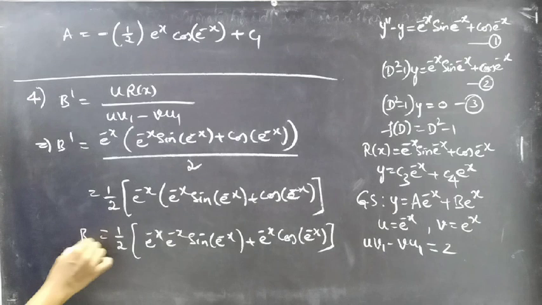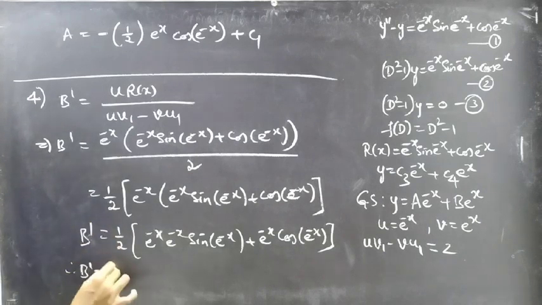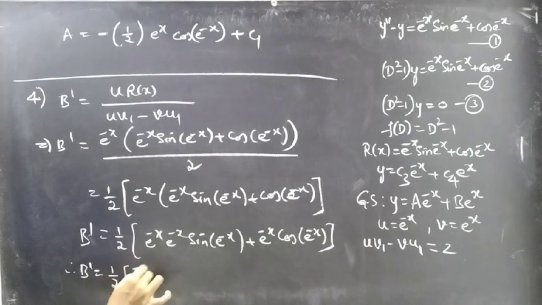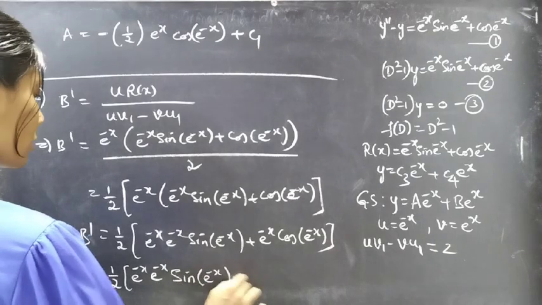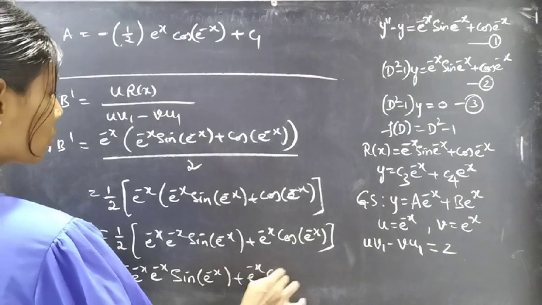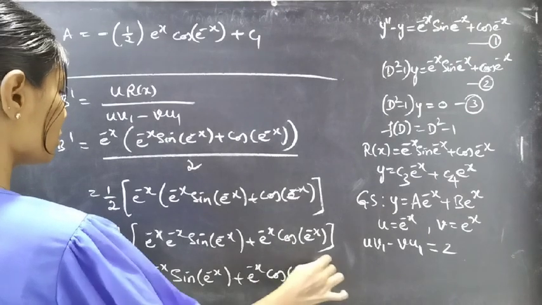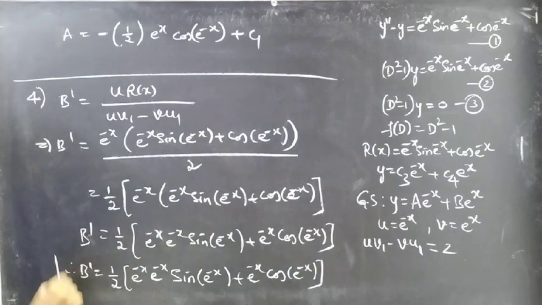So we got b dash. Therefore b dash equal to 1 by 2 into e power minus x sine e power minus x plus e power minus x cos e power minus x.